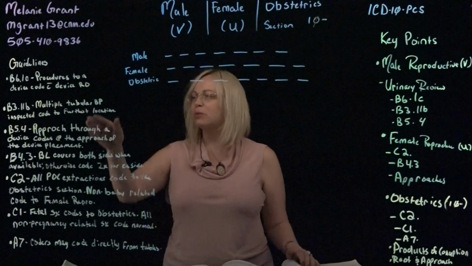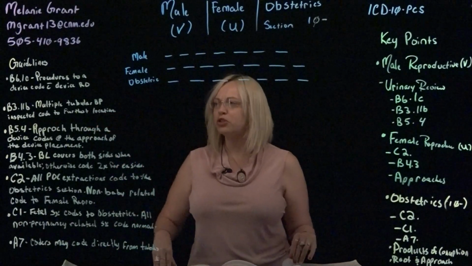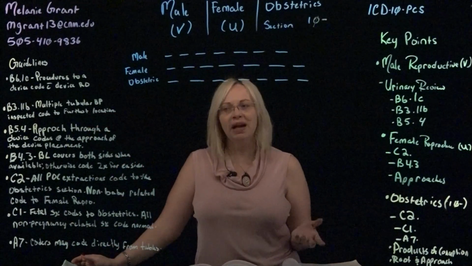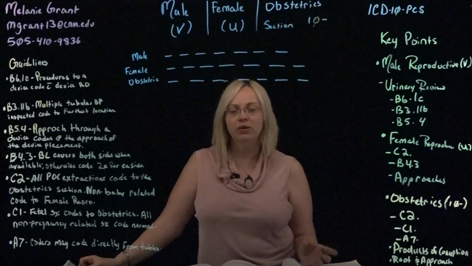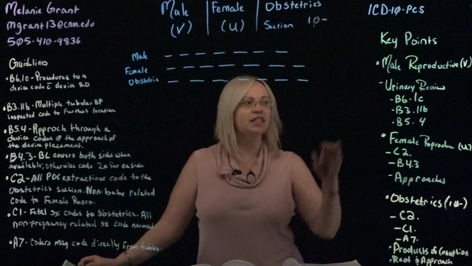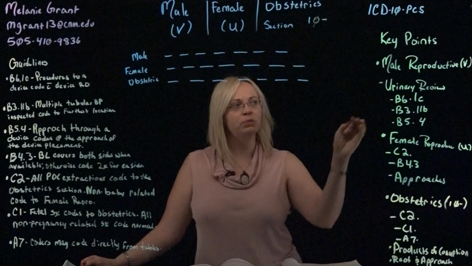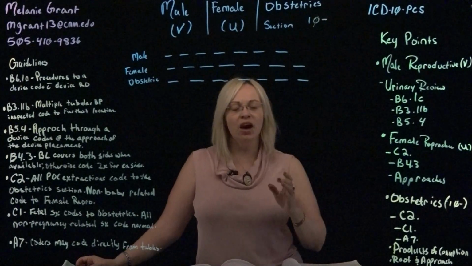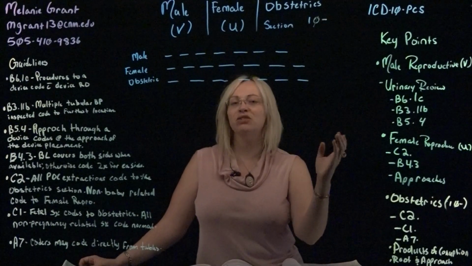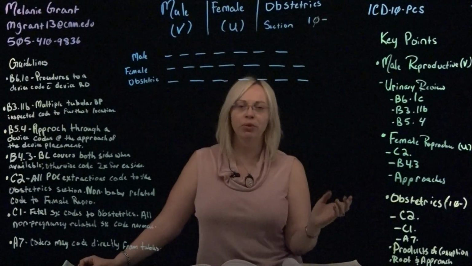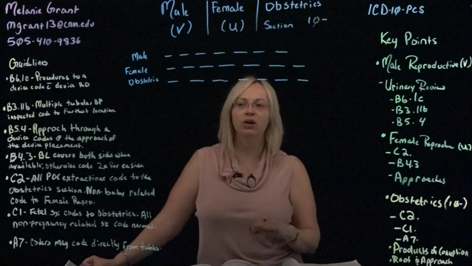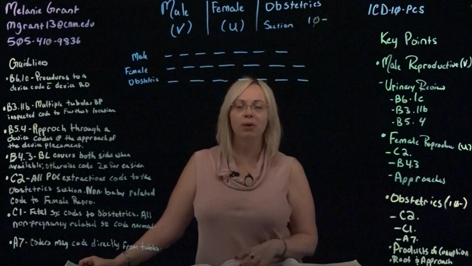Our next one, B3.11b, is that multiple tubular body parts inspected will code to the furthest location. So what that's saying is, and this is a great way of identifying the difference between urinary and male, is that wherever you end up, the last or the most distal part of the body from where you started is where we're going to code for an inspection in a tubular body part.